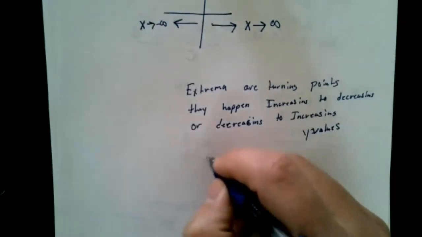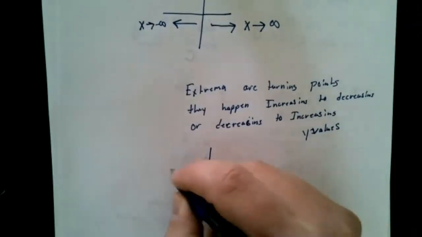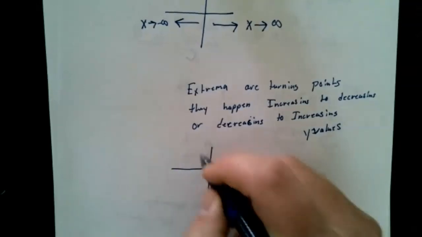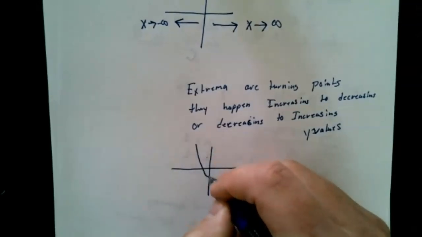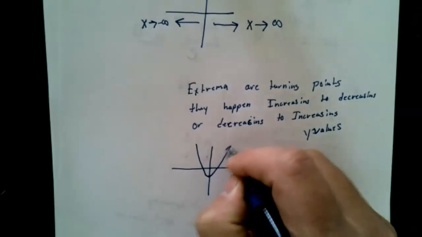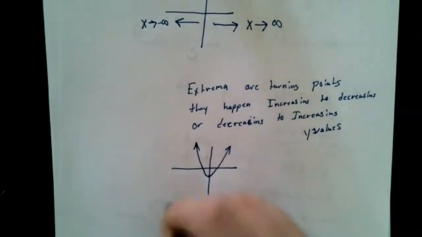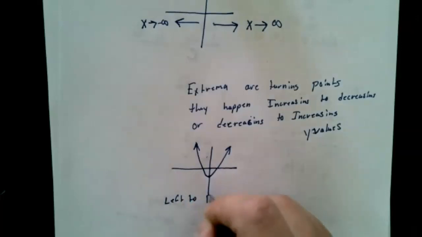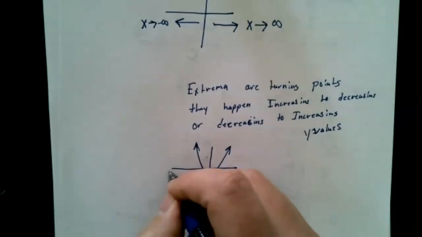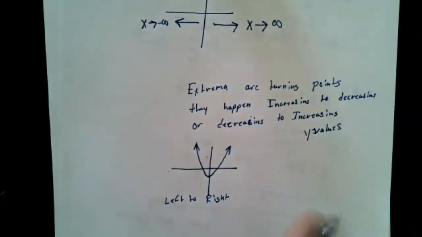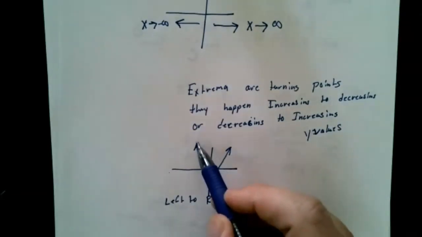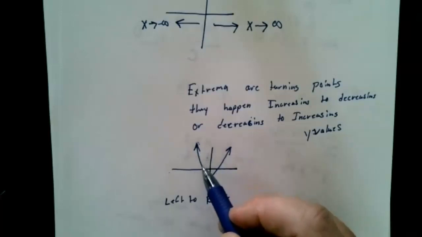Okay, and the way that we find extrema is if I just draw a sample graph here, say it's a parabola. We want to look at it as going left to right. So as I come from this side and I go to the right, you can see that my y values are decreasing. They're going down.